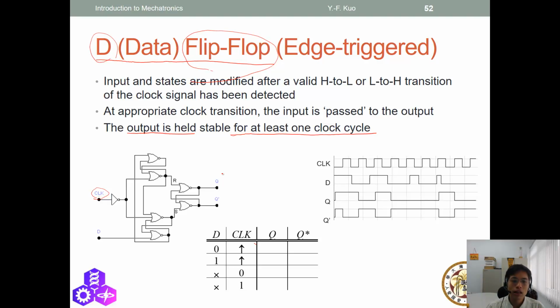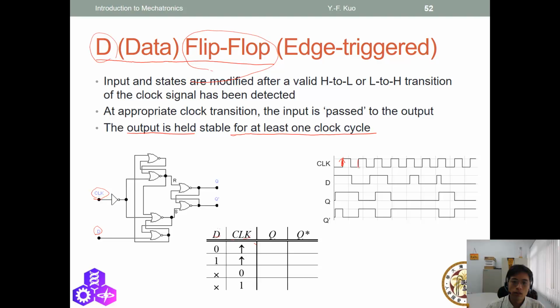Also, you can come up with the truth table, and in this truth table you only have one input here, D, and you have the clock here, and this is an edge-triggered clock. That means when the clock edge rises, the status of the output will change.